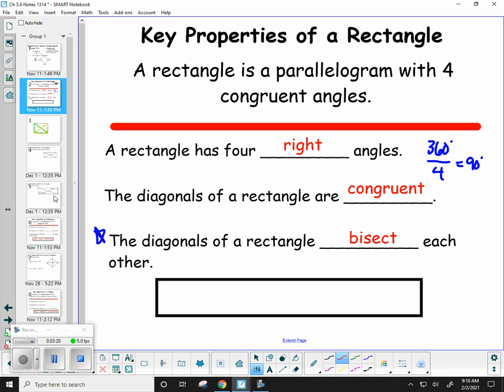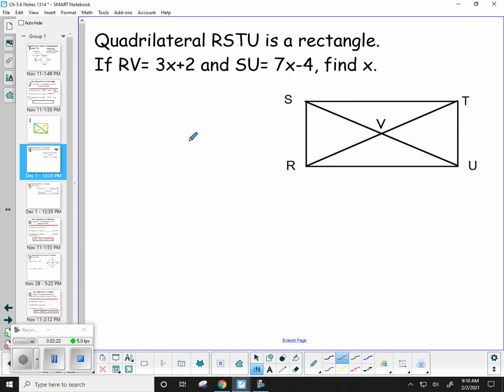So let's try a couple of problems here. In quadrilateral RSTU, which is a rectangle, if RV is 3x plus 2 and SU, this whole diagonal, is 7x minus 4, we want to find x. Keep in mind, because the diagonals are congruent and they bisect each other, all 4 of those pieces are 3x plus 2's, right?